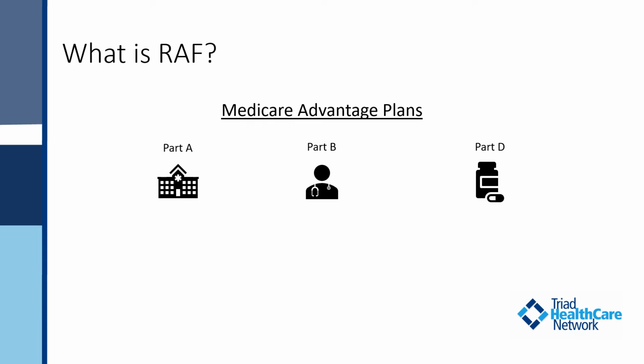Most of the time, people buy a separate Part D plan, although it can be included in a Medicare Advantage plan, as you will see, because as it turns out, an MA plan, a Medicare Advantage plan, is actually Part C. So that's where the missing C was in A, B, C, and D. And if you really look at it, then a Medicare Advantage plan will include Part A and Part B, and it might include Part D. So as we like to say, C equals A plus B plus or minus D.